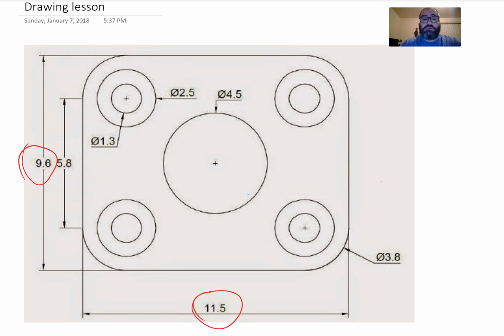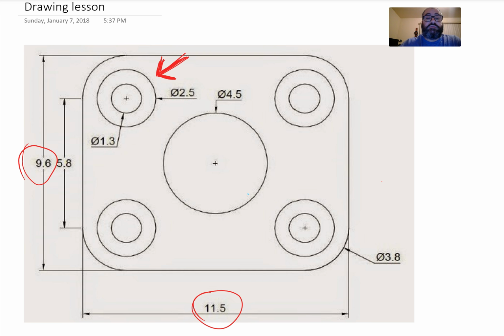And as you see, there are circles on all 4 corners. Those are actually holes in a part that would be cut into this part. And the holes, the only one that you see a measurement on is this one right here in the upper left corner, because it only shows you dimensions there because all 4 of them are the same.